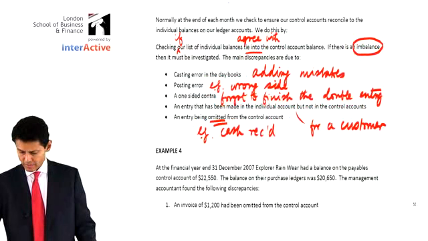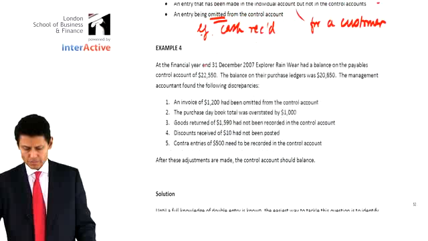The concept of the control account. May I explain that once more? The purchase day book, for example, is a list of individual purchase invoices, what you purchased on credit from your suppliers.